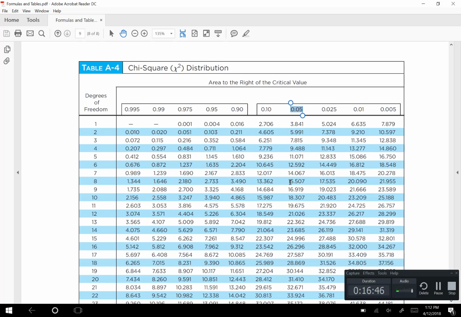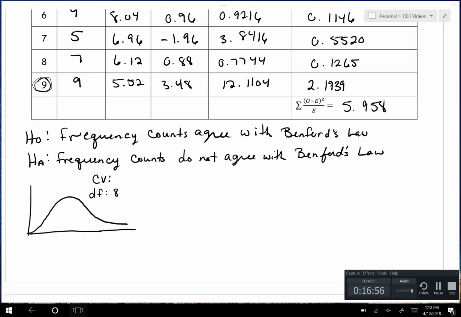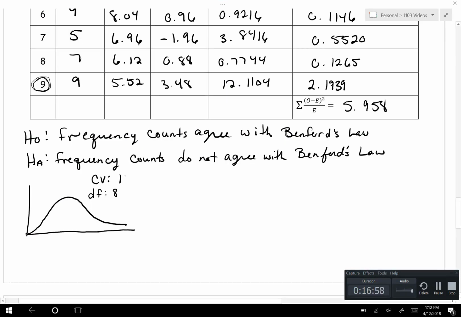And so our critical value is 15.507. And our test statistic is 5.958.